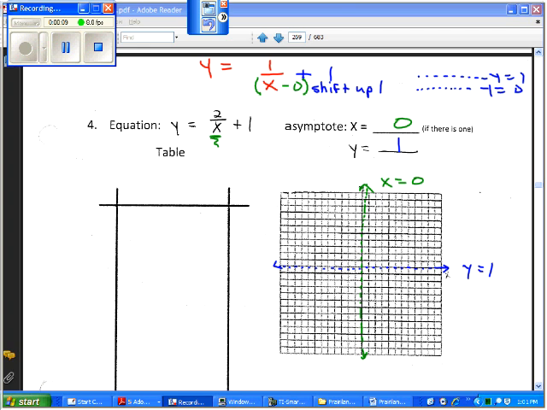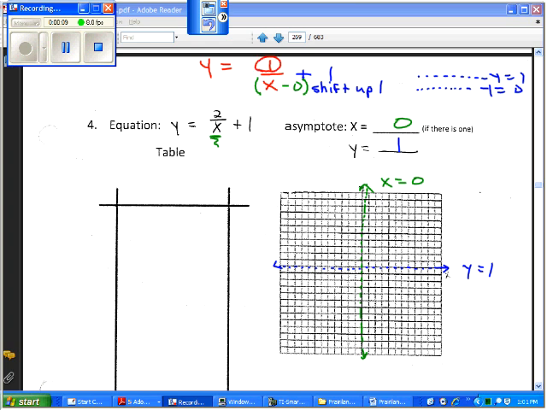There was a vertical shift of up 1, therefore my horizontal asymptote went from the x-axis, y equals 0, up 1 to y equals 1. So I know that my little curves are going to be in quadrants 1 and 3. Now, let's talk about that 2.